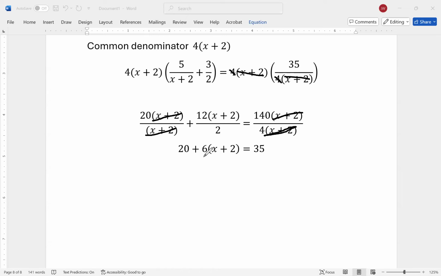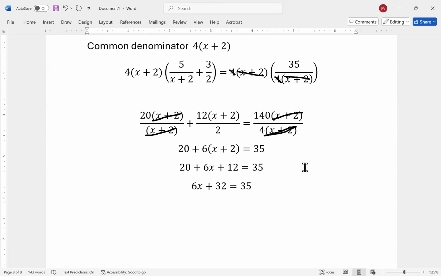So this is the equation that I get, and that is a fairly straightforward equation to solve. 20 plus 6x plus 12 is equal to 35. 20 plus 12 is 32, so I get 6x plus 32 is equal to 35.